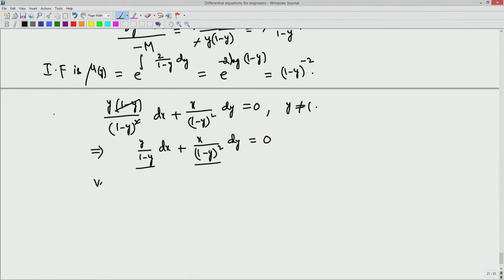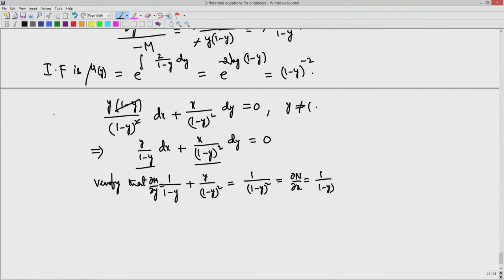Now you can verify that dou m by dou y is 1 by 1 minus y plus y by 1 minus y whole square. So, that will give me 1 by 1 minus y whole square, which is equal to dou m by dou y, which is equal to dou n by dou x, which is simply 1 by 1 minus y whole square. So, it is an exact equation.